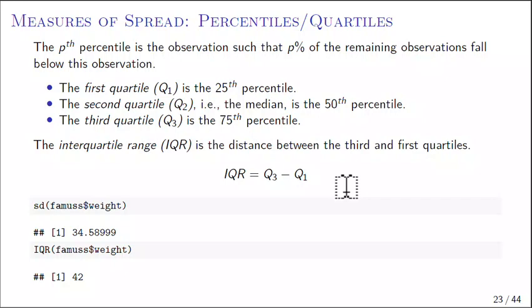For example, what does the 25th percentile mean? If we have 100 observations, then we could find a number among these 100 observations such that 25 are smaller than that one.